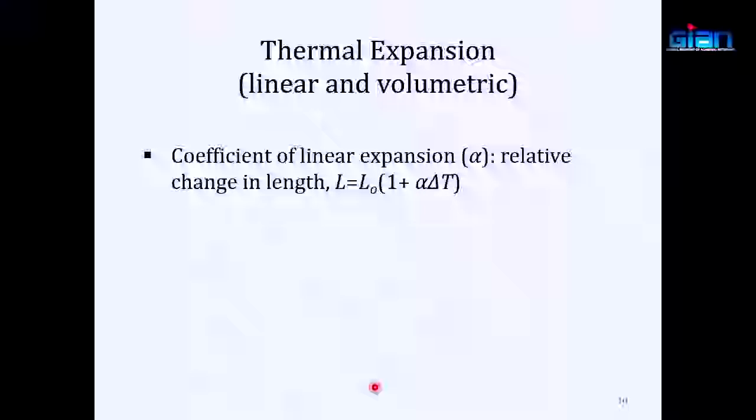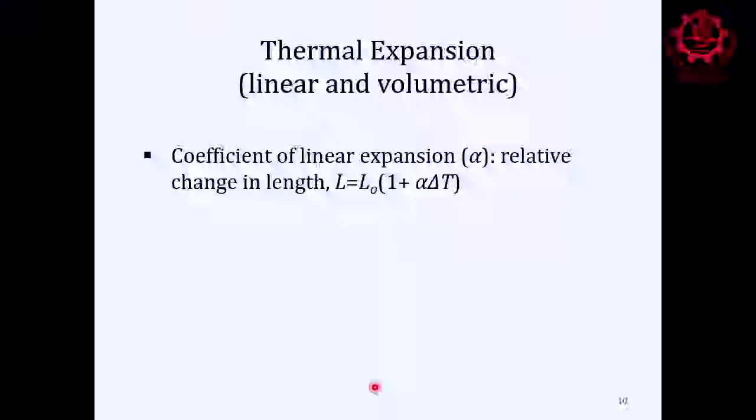L is the expansion as a result of change in temperature, that's delta T, and alpha is the coefficient of thermal expansion, in this case linear expansion, and L is showing the initial length. So if you know the expansion coefficient and whatever change in temperature happens during storage or processing, you can find how much will be the linear change in the dimension.